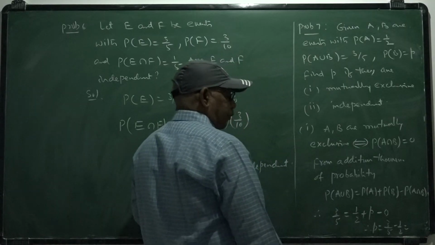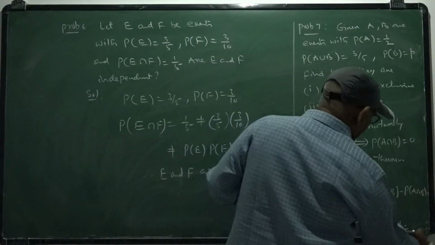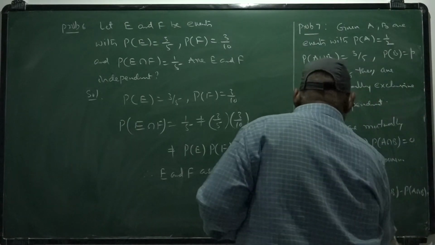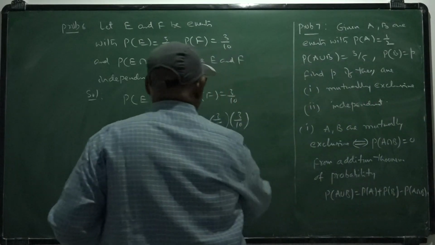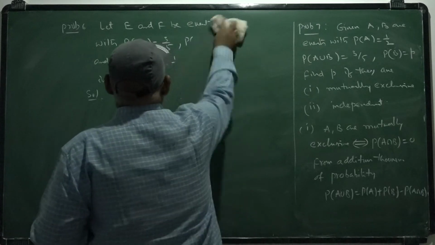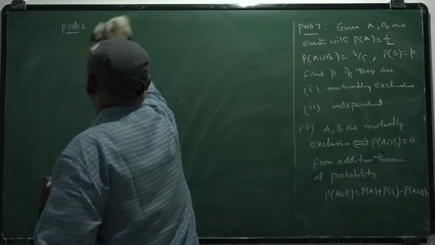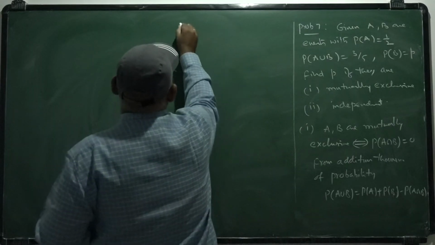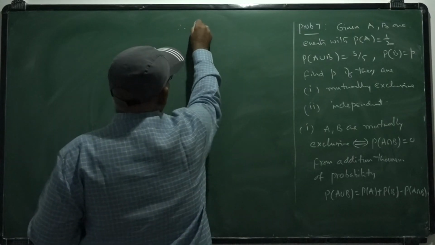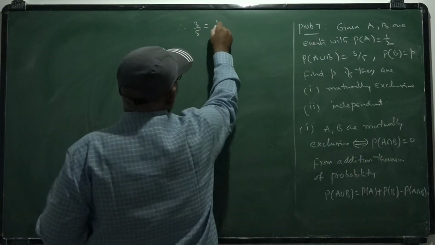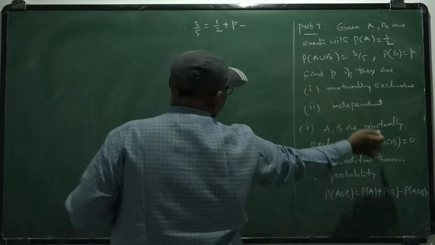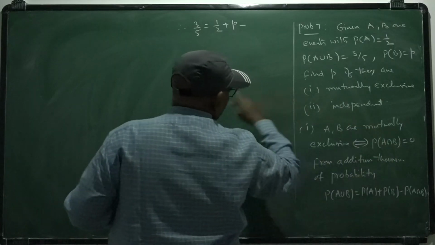Let me write it here. Probability of A union B is 3/5, probability of A is 1/2, probability of B is p, minus probability of A intersection B, which is 0 since they are mutually exclusive.